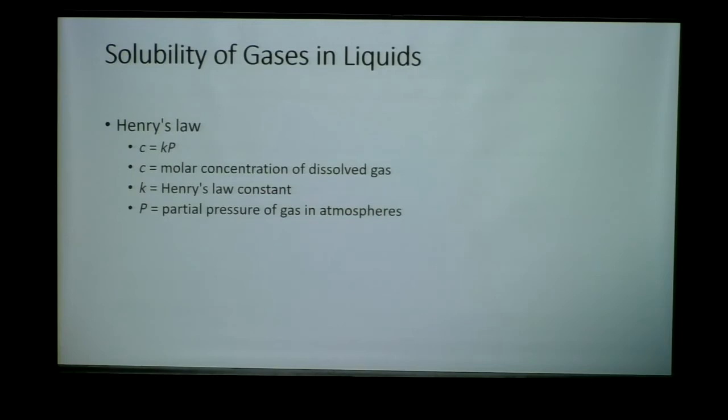So to simplify this equation, we can say that the number of particles that ends up in a solution is directly proportional to the partial pressure of that gas. Or we can also say that, for example, the number of oxygen molecules that dissolves into liquid is directly proportional to the partial pressure of oxygen in air.